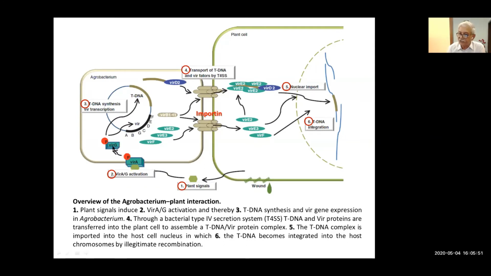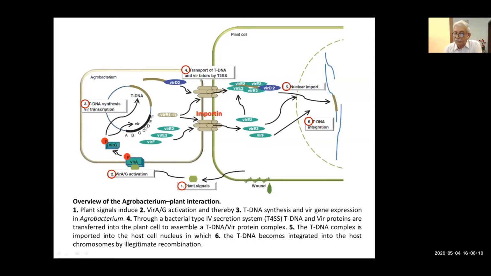VirG is in the cytoplasm, it gets phosphorylated, and this in turn produces a lot of different virulence genes which are present on the fragment of DNA which we have in our Ti plasmid. Okay, all these genes start expression.